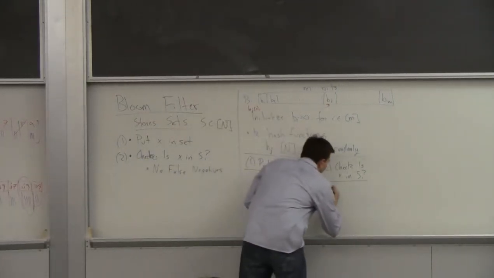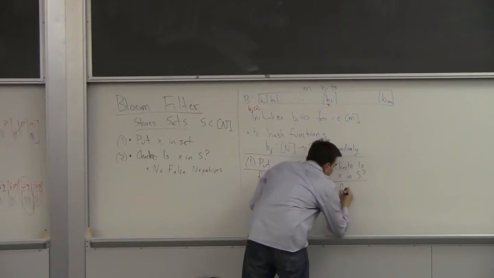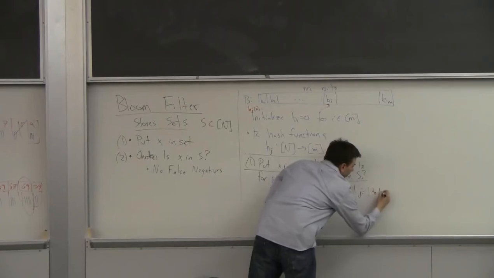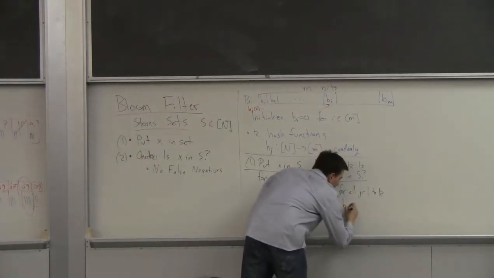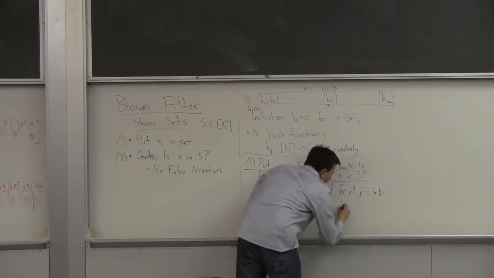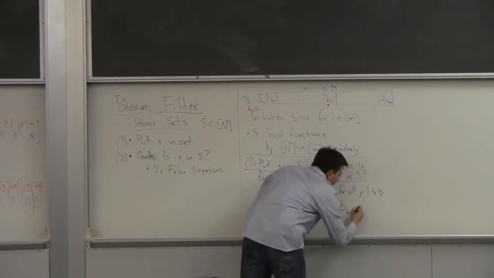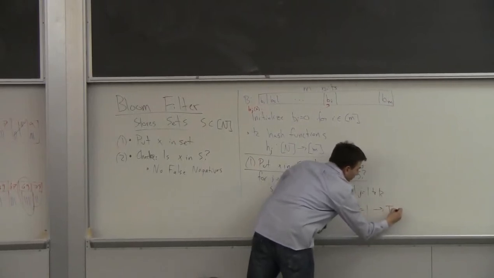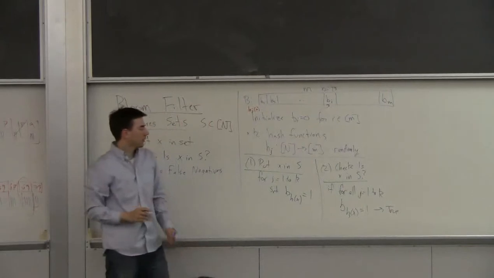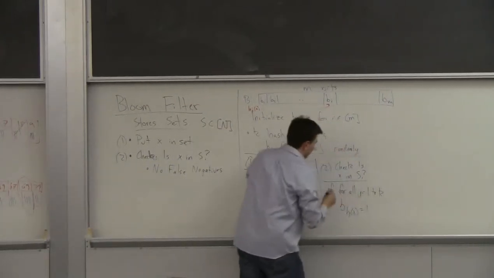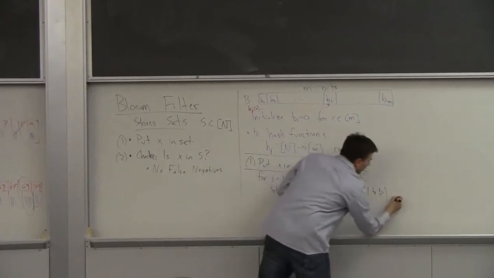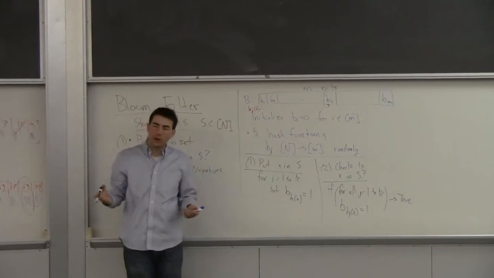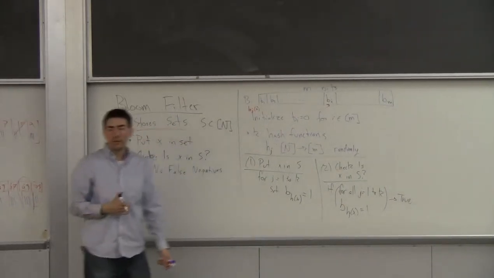So I say if for all j equals 1 to k, the bit h_j of x equals 1, then I return true. So I check all of the hash functions. If they're all equal to 1, then I'm happy.